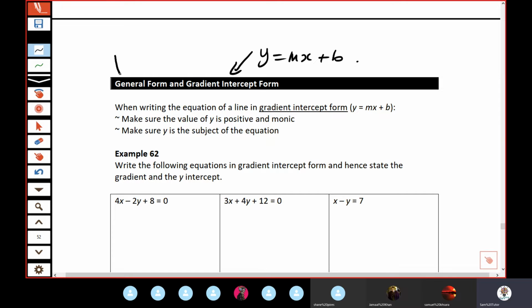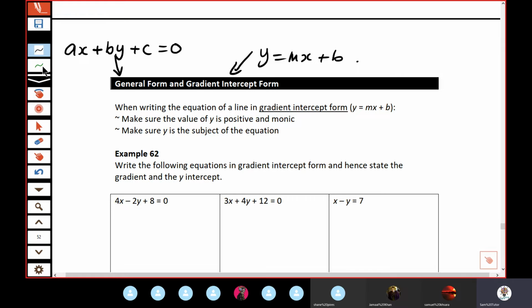Beautiful. General form is this: ax plus by plus c equals 0. So a little bit weird. That's general form.